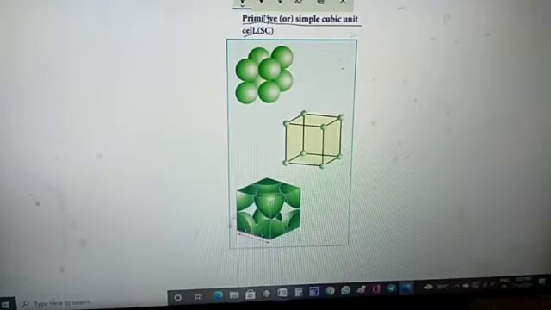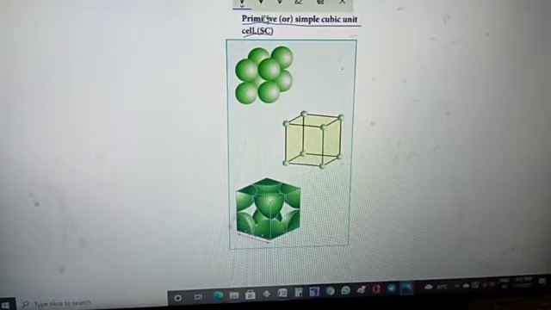So in primitive unit cells, each atom which is present at a corner is shared between 8 adjacent unit cells. So 4 from the top layer and 4 from the bottom layer. Like that, 8 adjacent unit cells share only one atom.